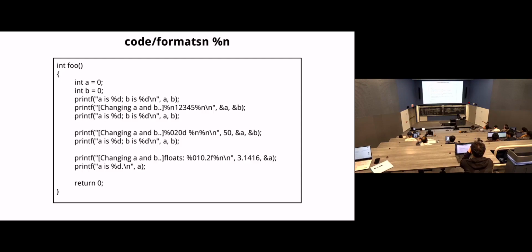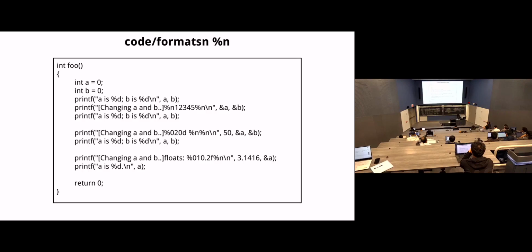So this will look for the first argument, since this is the first percent sign. In this case, the first argument is 50. When you print out 50, it's only 2 characters, but here we're asking for 20 characters, and we're adding zeros at the beginning.